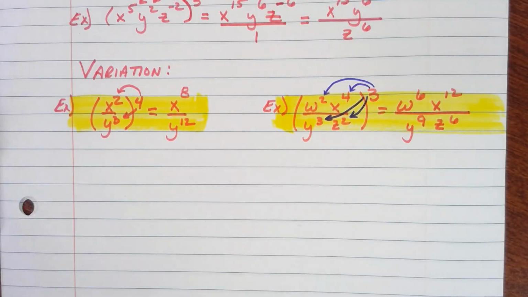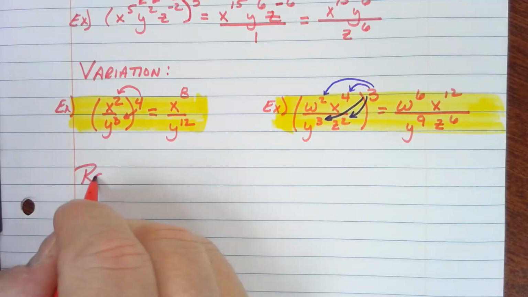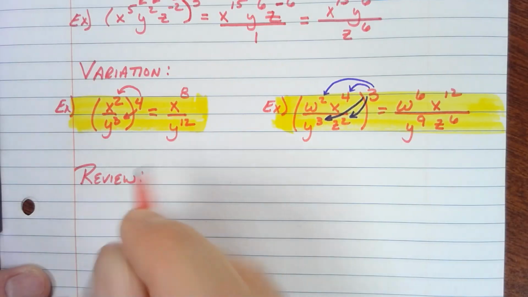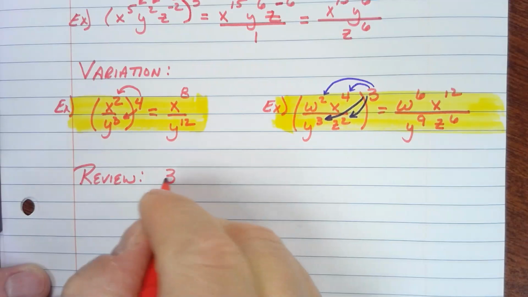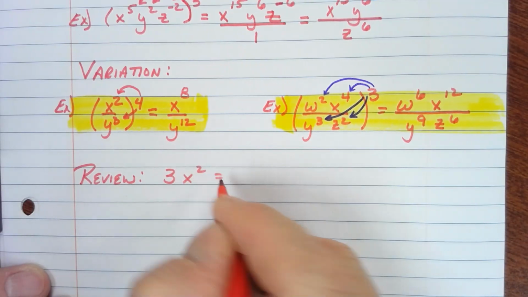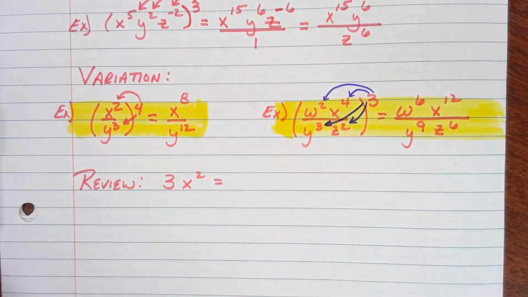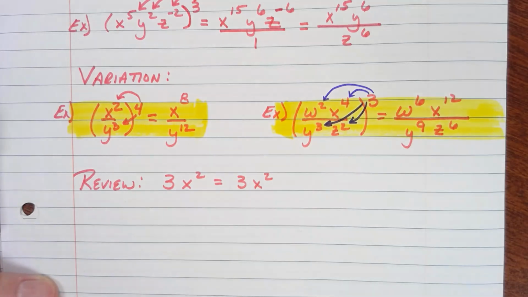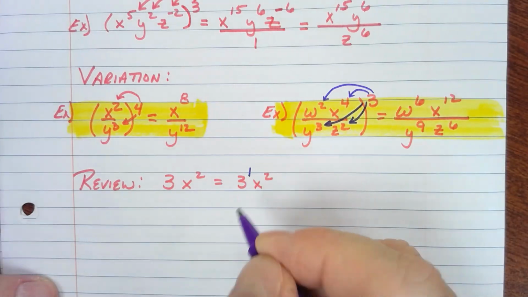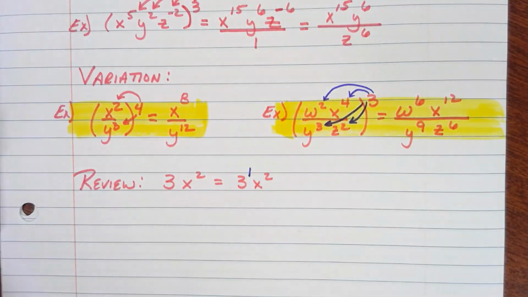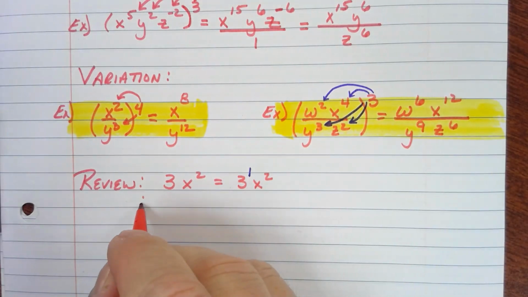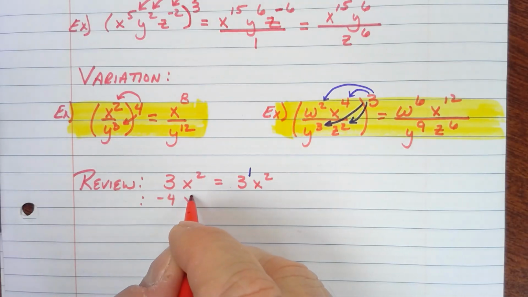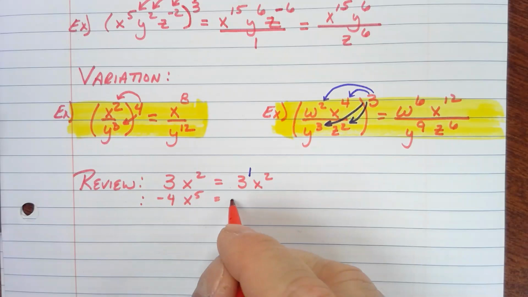One more time, we're going to review what we've done previously. We know that 3x squared, we talked about this last time, even though it may appear as though there's not an exponent here, it's the unwritten 1. And we want to put that in. Doesn't matter whether this is a positive base or a negative base.